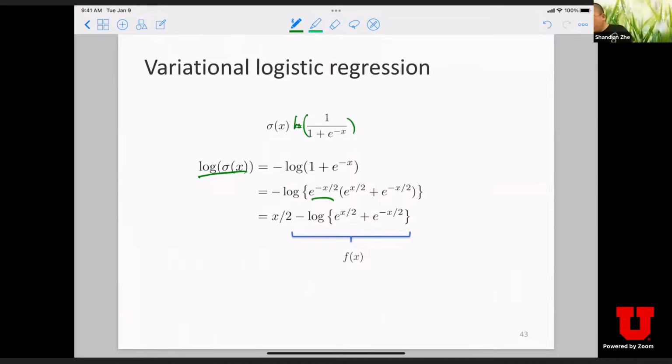You take the common term, e to the power of minus half x, outside and move it out of the log. So here's your result: your log sigmoid equals half x subtracted by this function, log of e to the power of half x plus e to the power of minus half x. This is your f of x function.